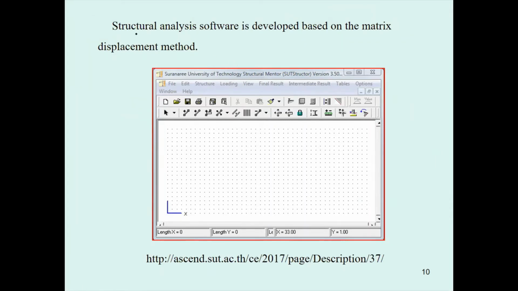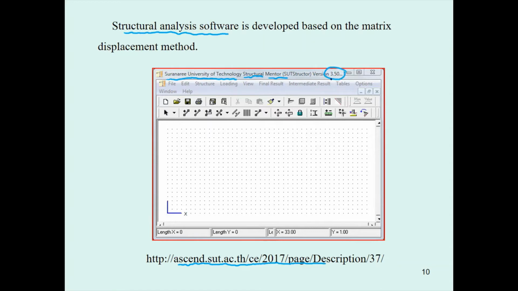Now we come to structural analysis software. You may download this one, the Structural Mentor program from Suranaree University of Technology, version 3.51 or so.